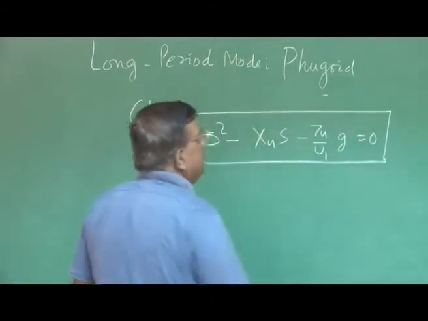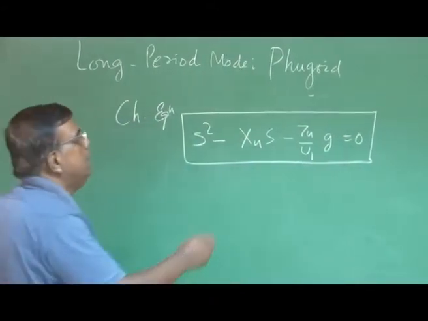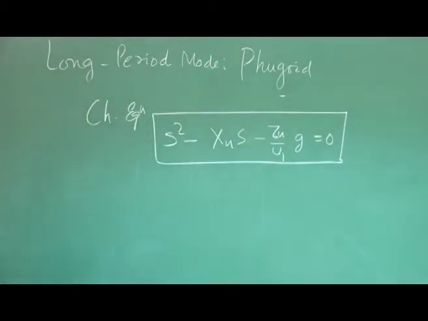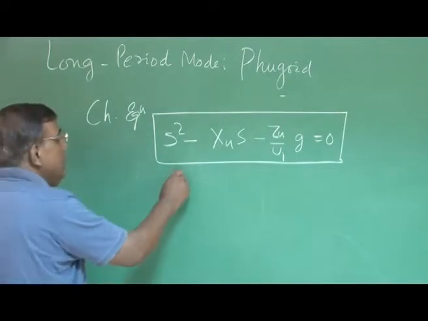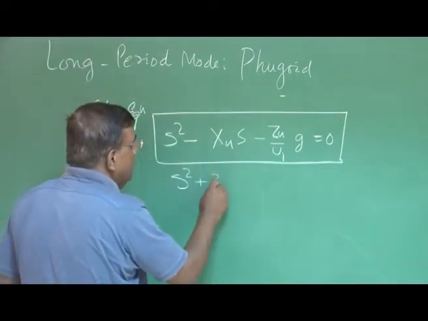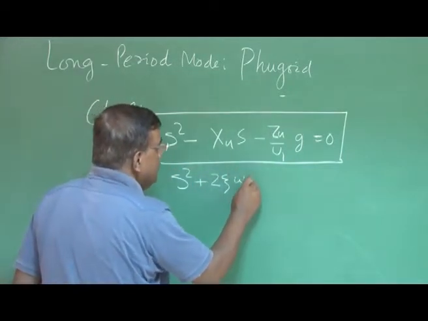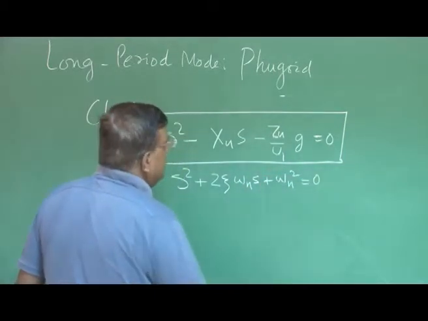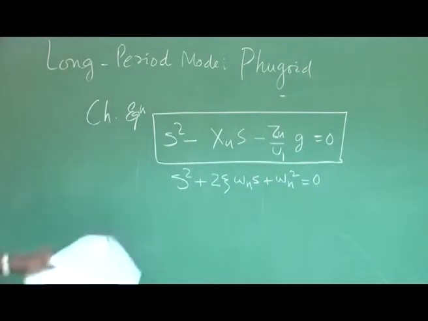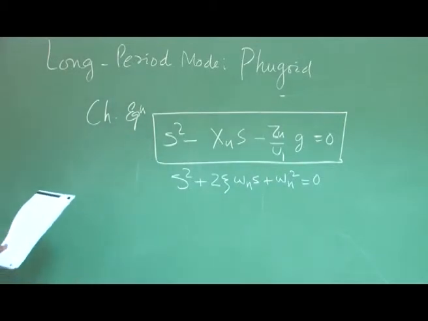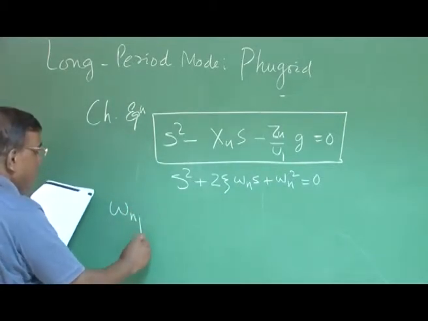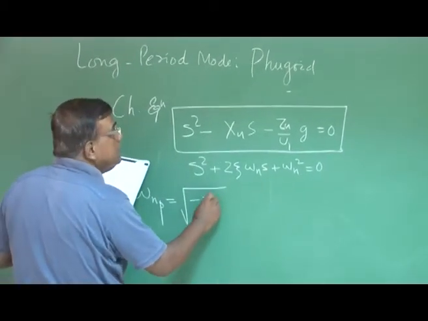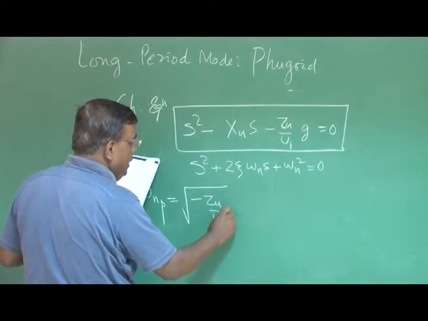And remember, the beauty of initially understanding second order system. So again, this is a second order system, and we know standard notation for second order system using natural frequency and damping ratio. So I compare these two and find out omega n Phugoid, P for Phugoid, as minus Zu by U1 into g.